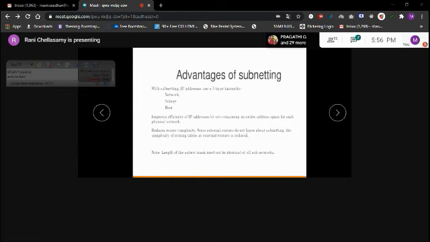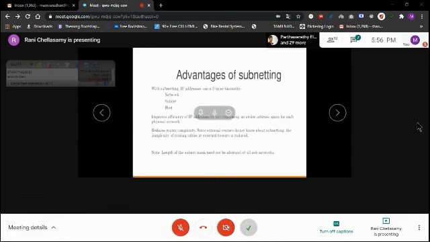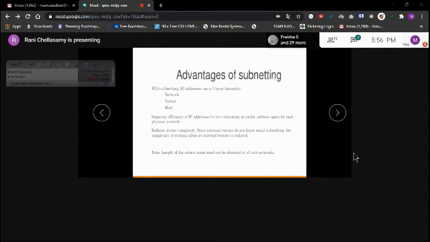Two terms are used in classless addressing: prefix and prefix length. Prefix is another name for the common IP address range, that is the net IP, and prefix length refers to the length of the prefix.